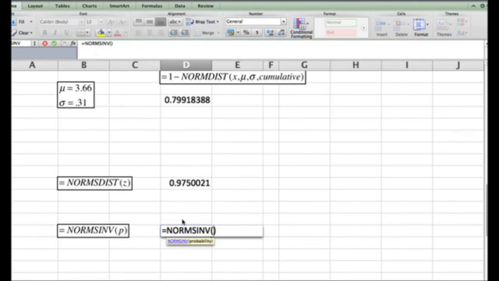We're going to highlight it, and we're going to enter 0.9750. And when we hit enter, you see that Excel returns 1.95996398, which will round to 1.96.